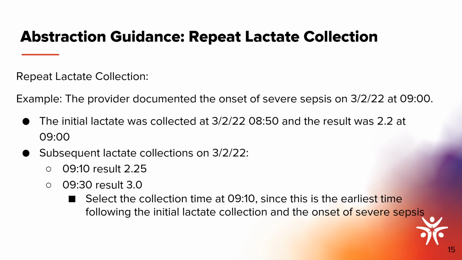At 9:30, the result was 3.0. Keep in mind that we are looking for the repeat lactate collection and not the highest value. Select the collection time at 9:10, since this is the earliest time following the initial lactate collection and the onset of severe sepsis.